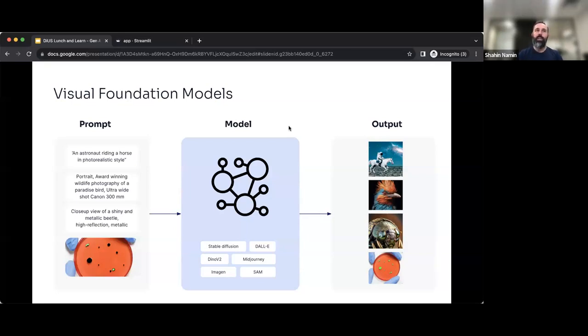So generally speaking, when it comes to foundation models, they might take as input or output different modalities. It might be text to text, which is the LLMs. It might be image to text, text to image, and so on and so forth. And again, almost the whole content applies to all these models, although there might be slight variations in how you would apply them.